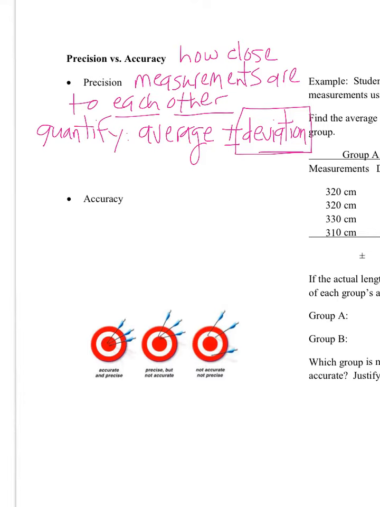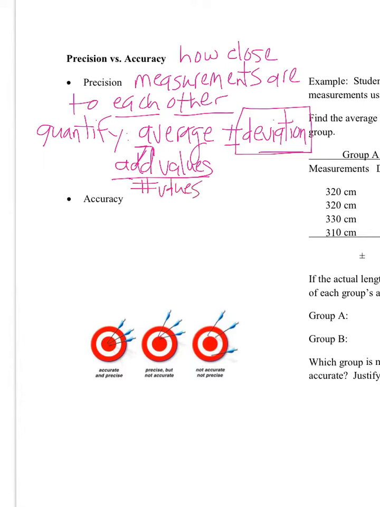So to calculate the average, of course, we add up all the values and we divide by how many values there are. I think calculating average is something most of you have done, so we add all the values, the quantities, and then we divide by the number of values.